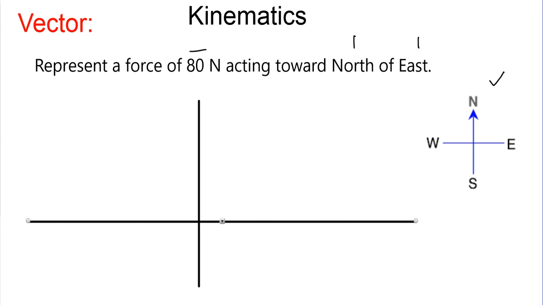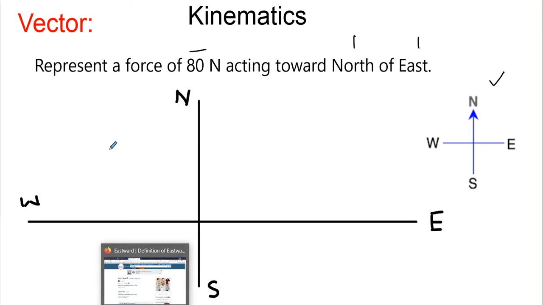And then I need to define what the directions are according to this map. I will say that this is north, this is east, west, and south.